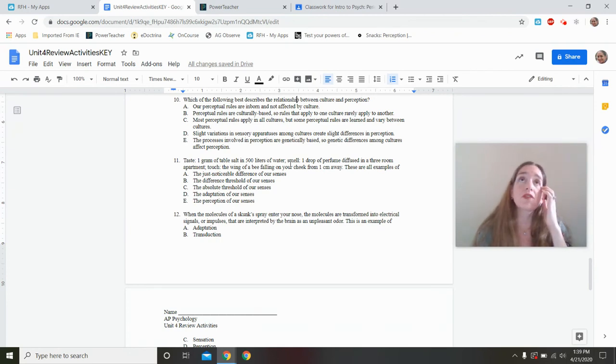Certain optical illusions that one culture will fall prey to, another one won't. So there are certain optical illusions, like the Muller-Lyer illusion, that have two lines, right? And they're both the same length. The top line has lines going this way on the edges, and the bottom has lines going this way.